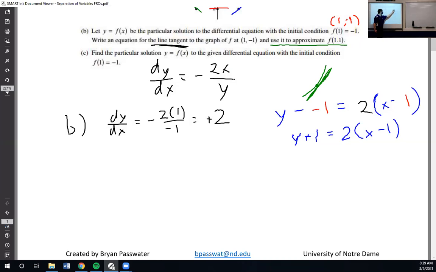When we are very close to the point that we have our tangent line at, the tangent line is going to be very close to what our actual y coordinate ends up being on the graph, because the tangent line comes so close. So this won't be the exact y coordinate at that point, but it'll be very close.